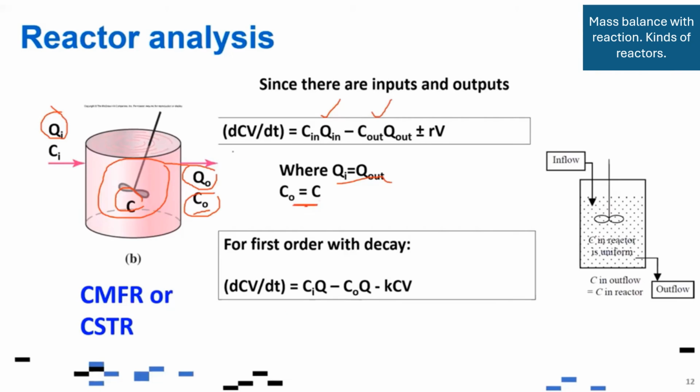The accumulation is equal to the initial concentration CI times the volume flow rate Qi, minus Q, which is the same, times CO, minus kCV, where C and CO are the same.